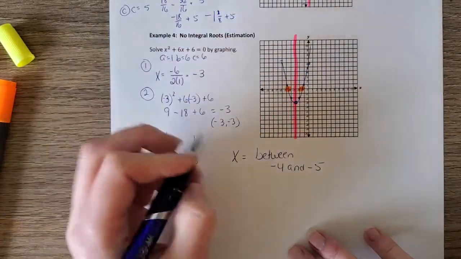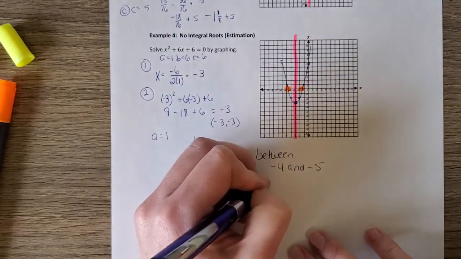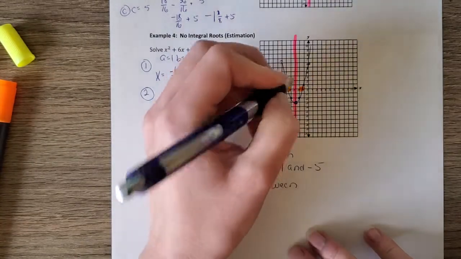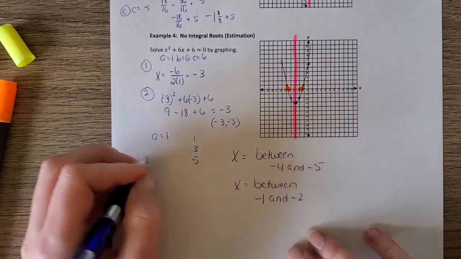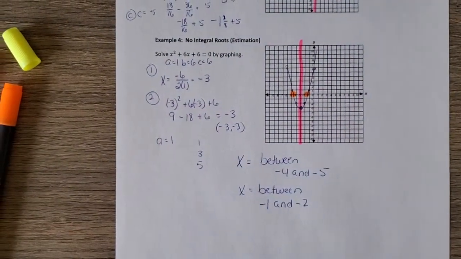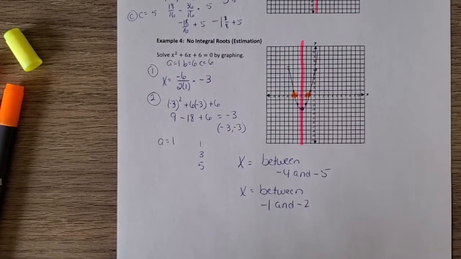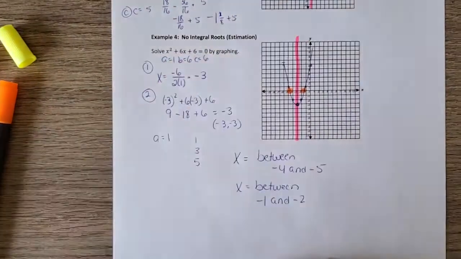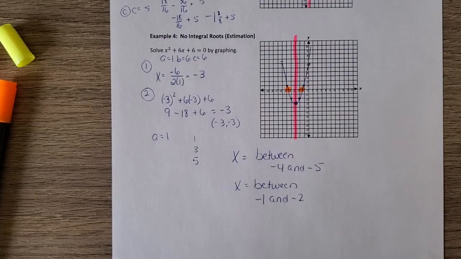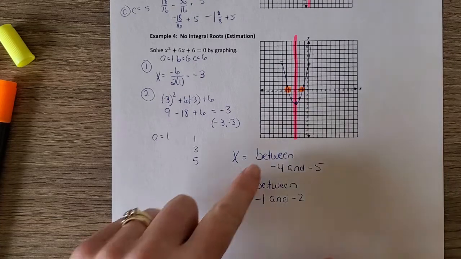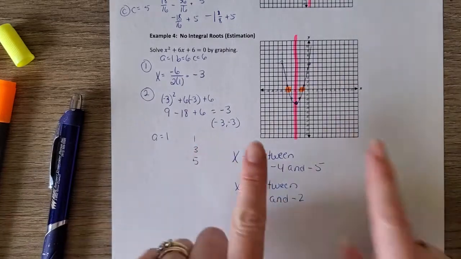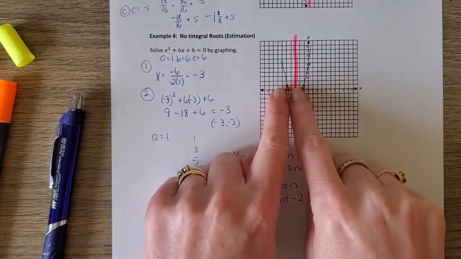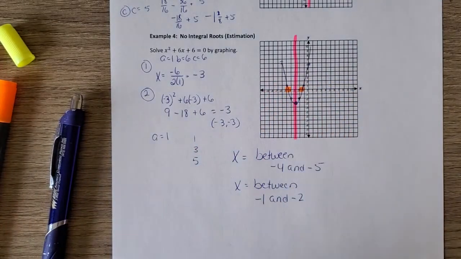That's the first place, and then x is between negative 1 and negative 2. So it's some decimal or fractional value. If you were solving this, you would get a radical solution when you went to solve this. So it's just between, we don't have the exact value. So for these, if it's something between, you just put the two whole numbers that it falls between.